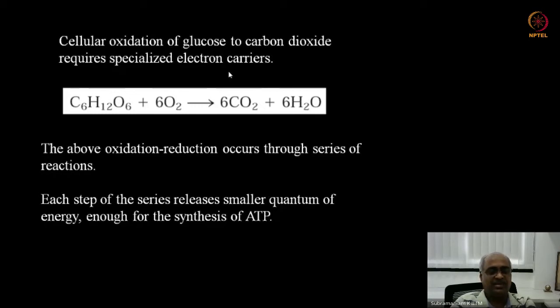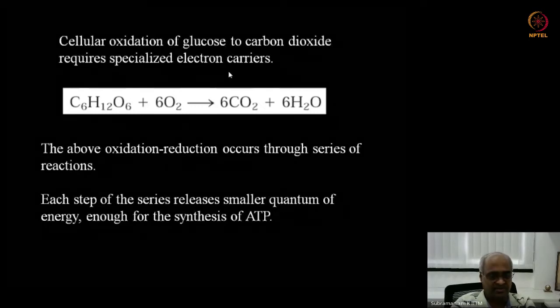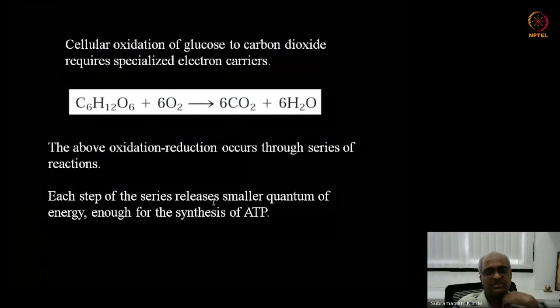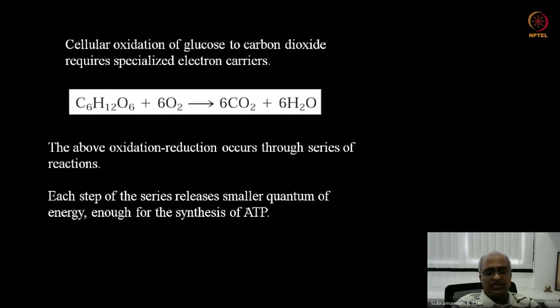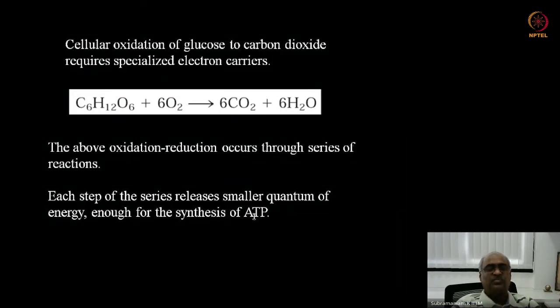So there are things called electron carriers. Today we will see one example as we go through. So the above oxidation, once more I am reiterating, happens through a series of reactions. Each step of the series releases a smaller quantum, and that quantum is sufficient to provide the required energy for ATP formation, plus releasing some into the environment as heat to satisfy the second law of thermodynamics.